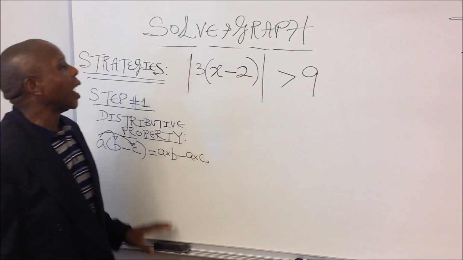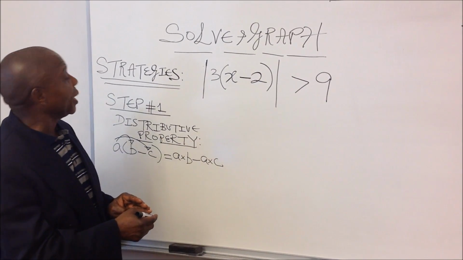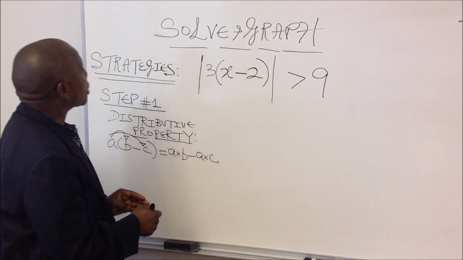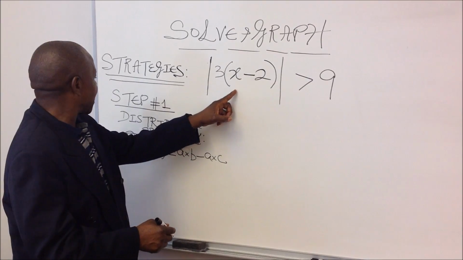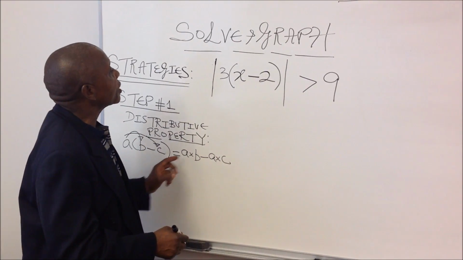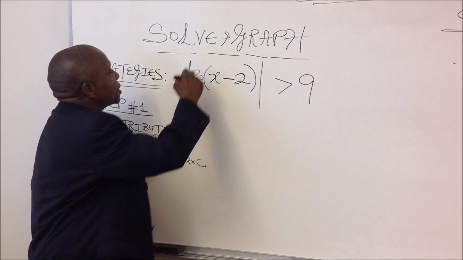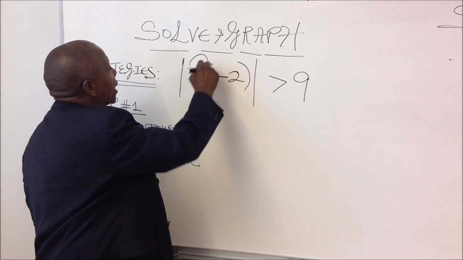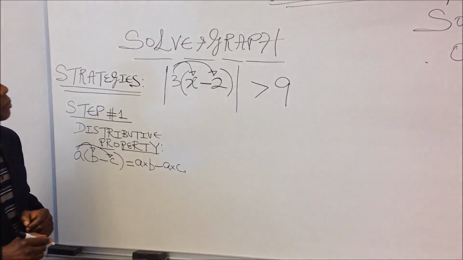So, how do we use this property in this problem? Well, we are going to connect the A with the 3, the B with the x, and the C with the 2 in our problem. So we take 3 and multiply x, and take 3 and multiply the negative of 2.